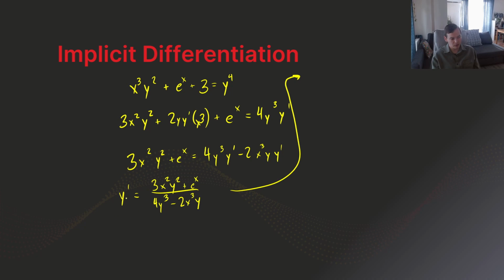Now, to take the second derivative, we just do the derivative of the first derivative. This is why solving like this is nice, because the left side becomes quite easy. It's just y double prime. The right side, unfortunately, because of my decisions, is not quite so friendly. So it's the derivative of the top expression, which is going to be 6xy squared plus 2y y prime times 3x squared plus e to the x.